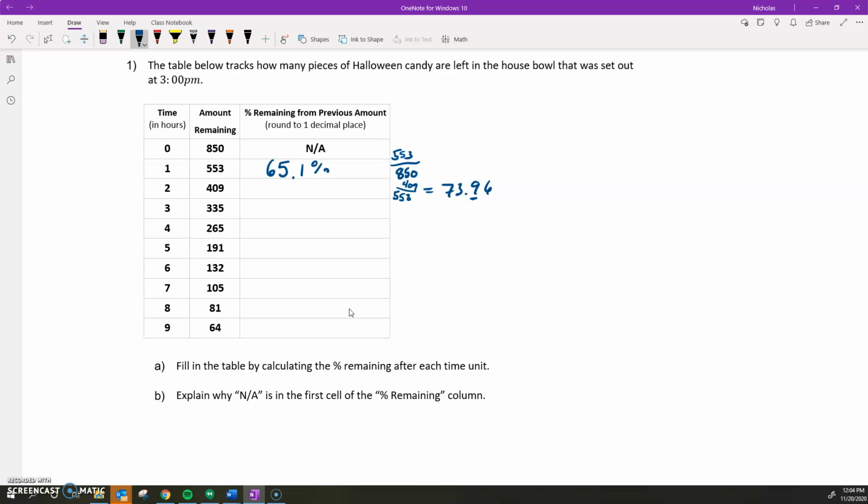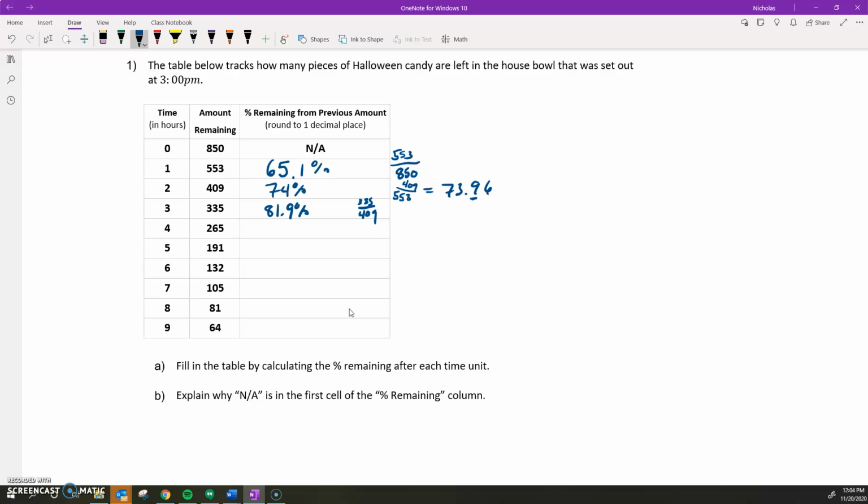Rounded one decimal place, this is actually going to round up to 74%. This one we will do 335 over 409 and times 100. I get 81.9%.